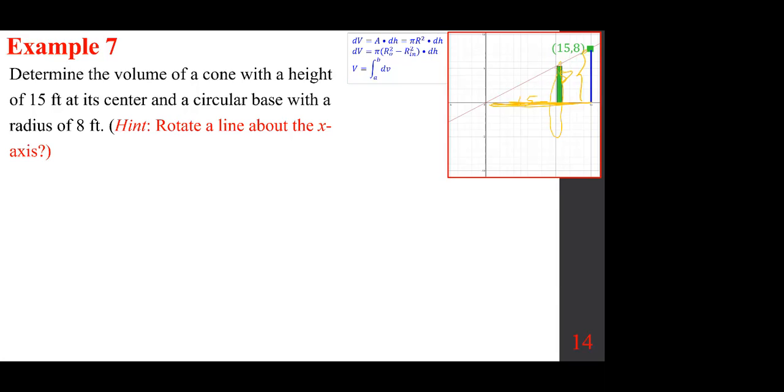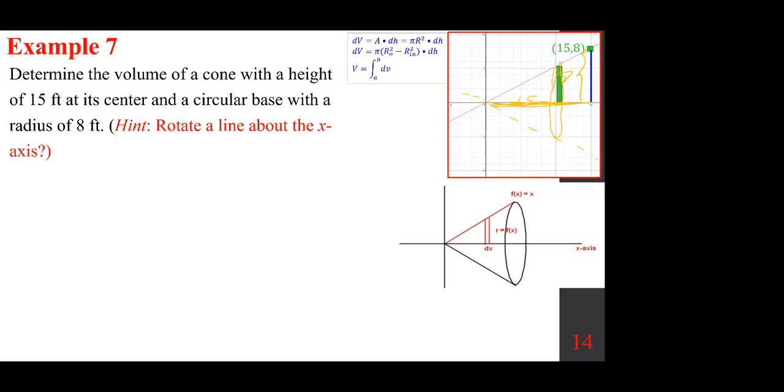It gives us this disk. And when we revolve this, ultimately it creates a cone. So what do we need to figure out? Well, let's come up with the equation of a line. First, understand that if you revolve it, it looks like a cone. This thickness is your dx, and this distance is r. And this is the y.